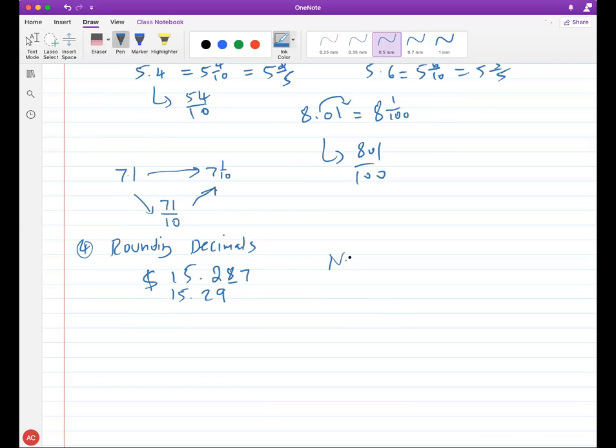For example, let's do another one. Let's say 8. This number here is not an amount, it's not money, just some decimal. We want to round it to the nearest tenth.